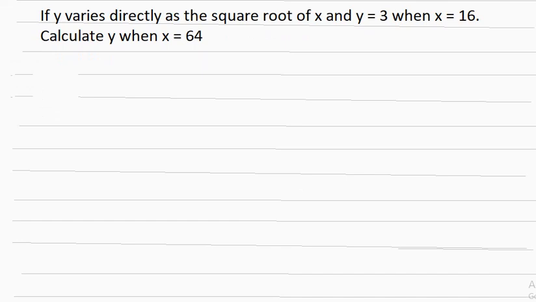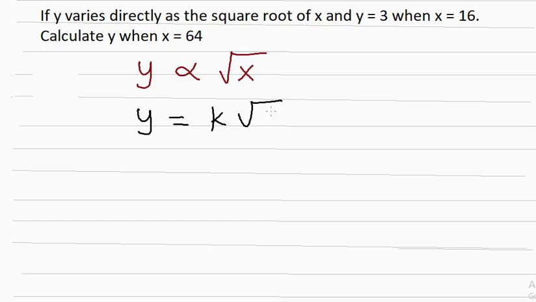Okay, so this one goes this way. Y varies directly as the square root of x. That simply means that y is equal to k square root of x.